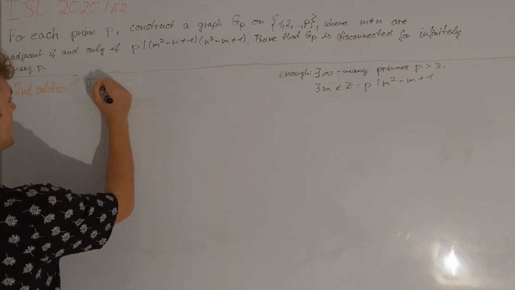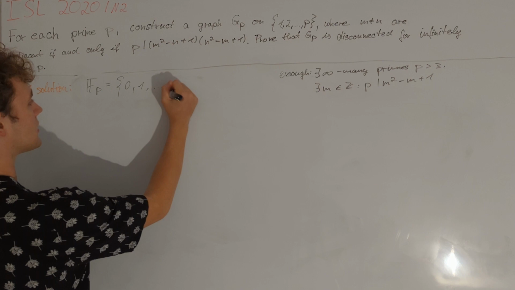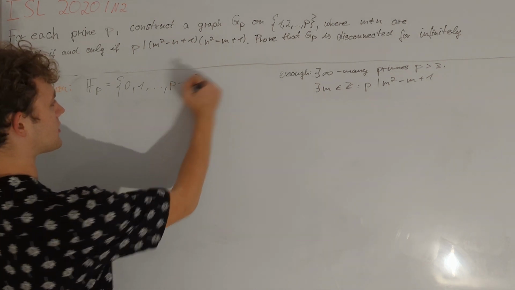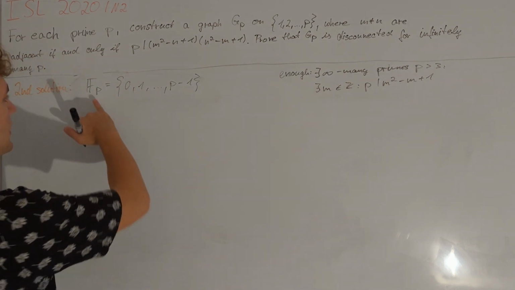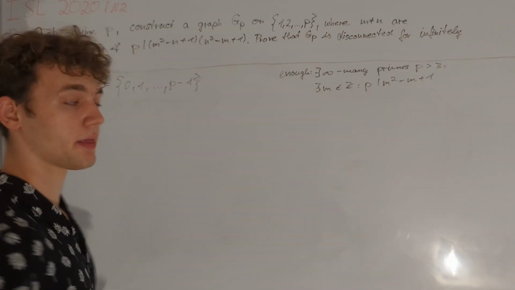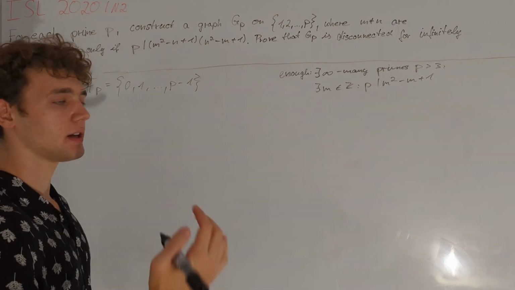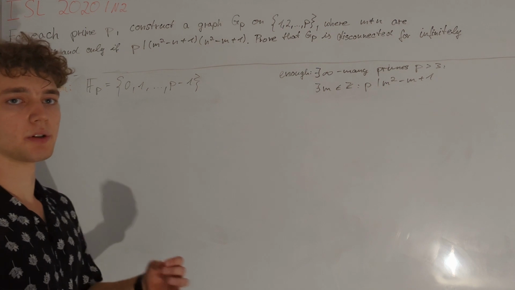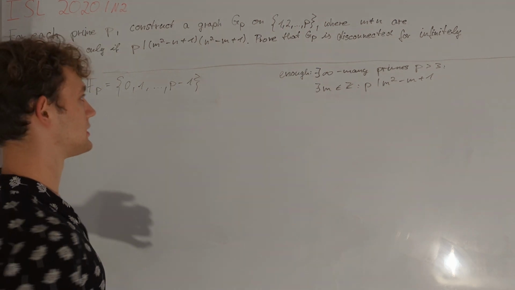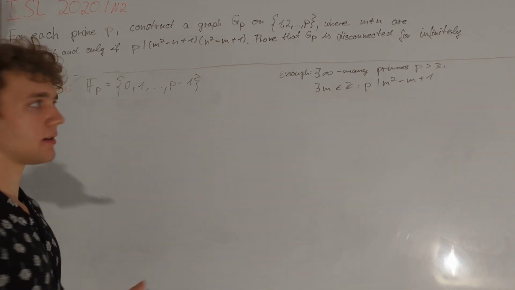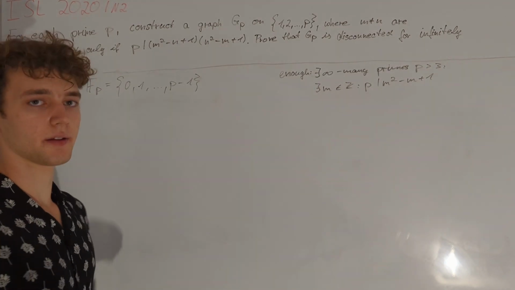We can think of that as a set of the numbers 0, 1 up to p minus 1, where those are not the natural numbers, but rather elements of Fp, and these are just labels for them, but they make a lot of sense, because now we can define addition and multiplication in this field, just as we would modulo p. And this is really nice, because we can use the result that if p is a prime, then this is actually a field. Therefore, division is well defined under this notion.